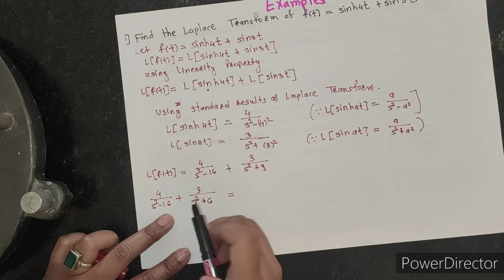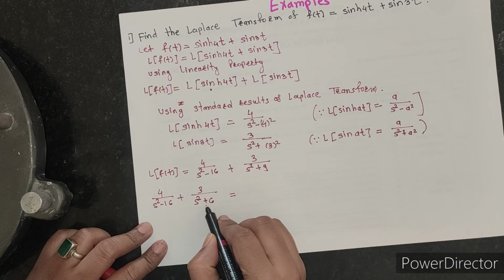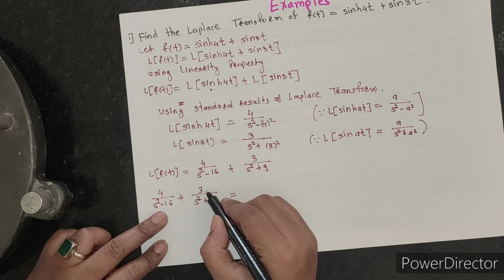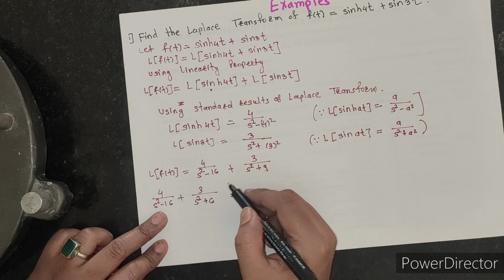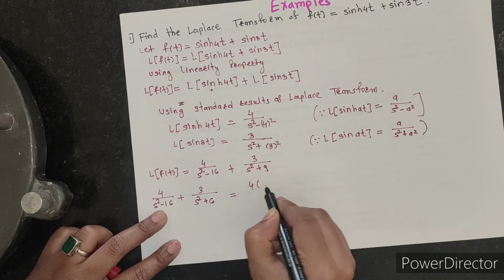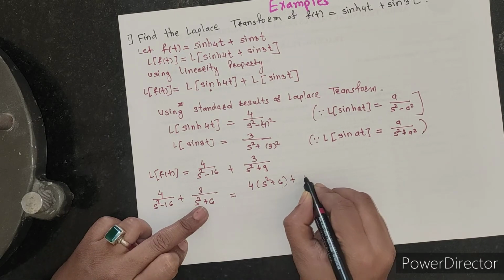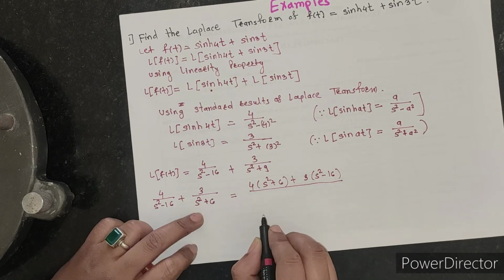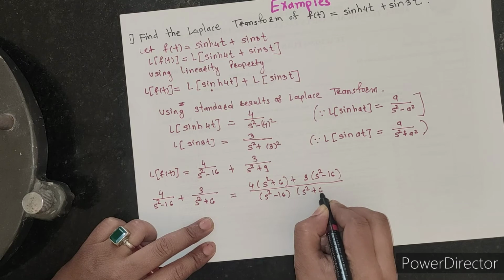First, we multiply and divide the first term by s square plus 9, and after that we multiply and divide the second term by s square minus 16. So, we get 4 into s square plus 9 plus 3 into s square minus 16 divided by s square minus 16 into s square plus 9.